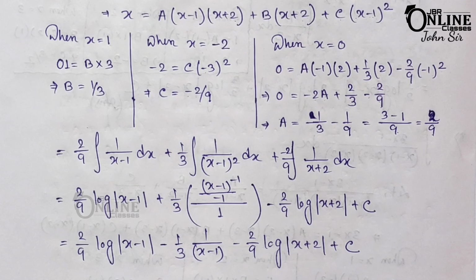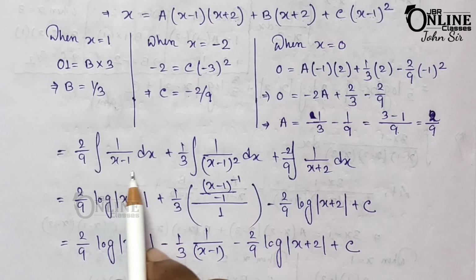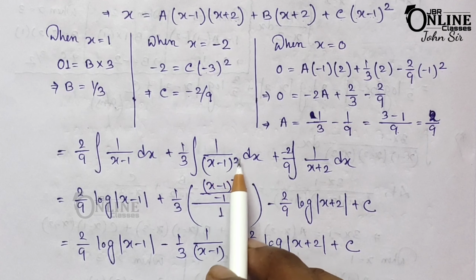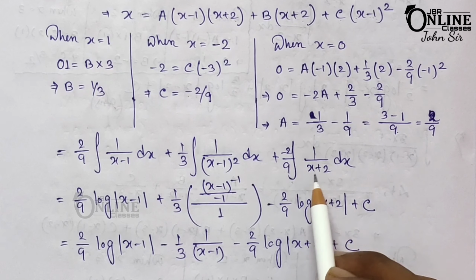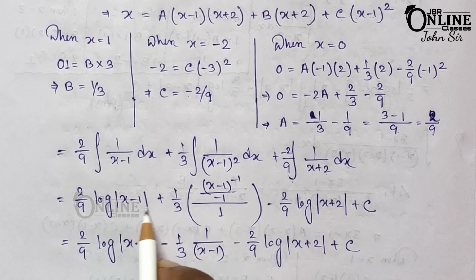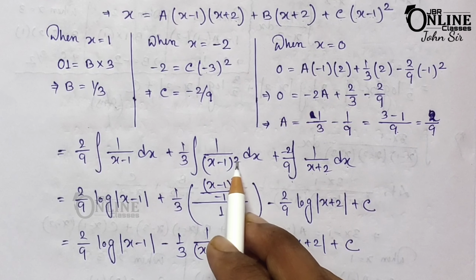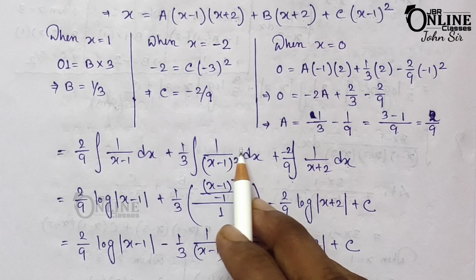Clear? Okay, now write down 2 by 9 integration 1 by x minus 1 dx plus 1 by 3 integration 1 by x minus 1 whole square dx plus minus 2 by 9 integration 1 by x plus 2 dx. So for this one it will be log mod x minus 1, and here 1 by x minus 1 whole square, that means you can write x minus 1 whole to the power minus 2.